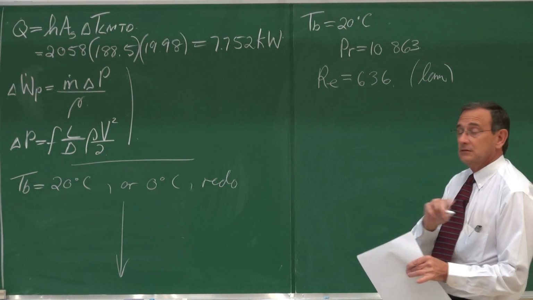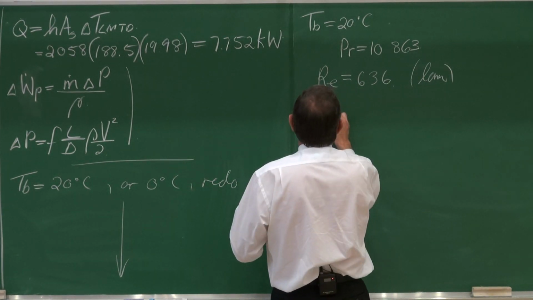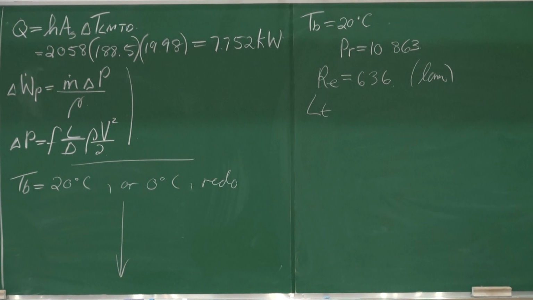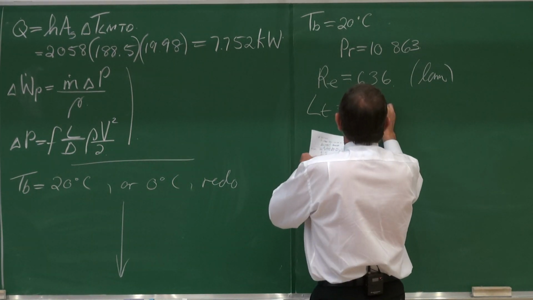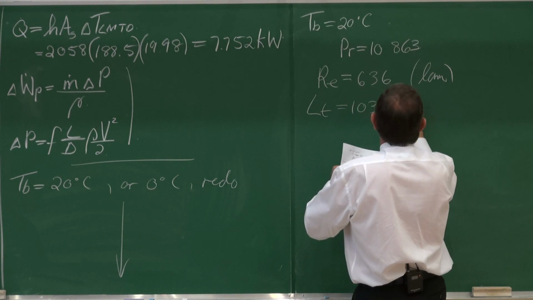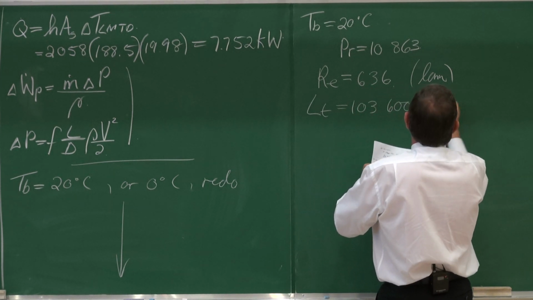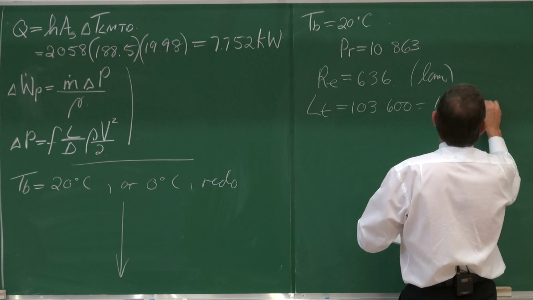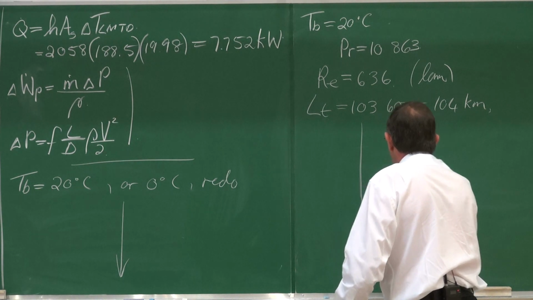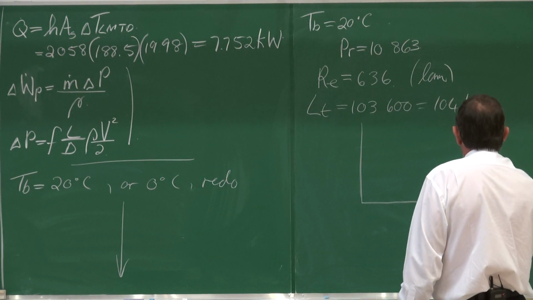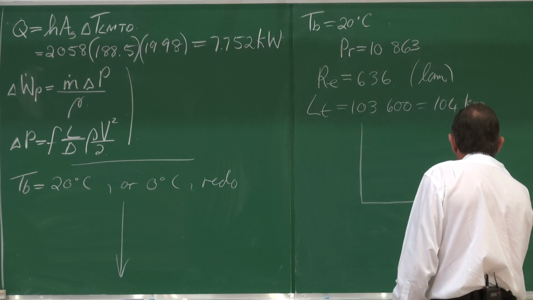Okay, but go and calculate L_T now. How long will it take before the flow is fully developed? Well, it is going to be 103,600 meters. So 104 kilometers before the flow is fully developed. Again, on scale: just look at our scale here. There's 200 meters.